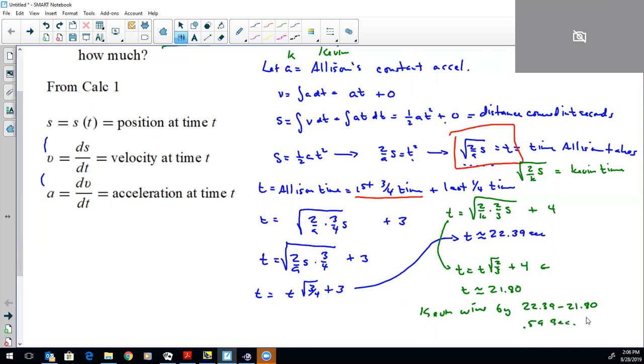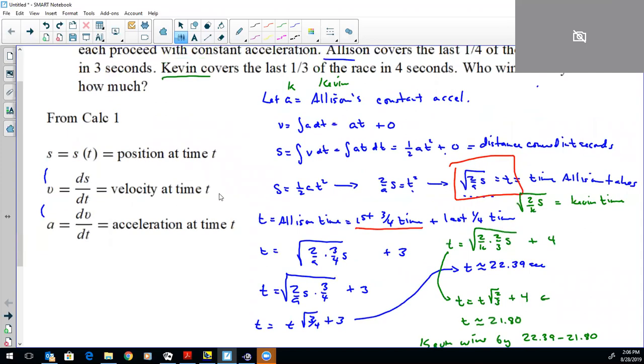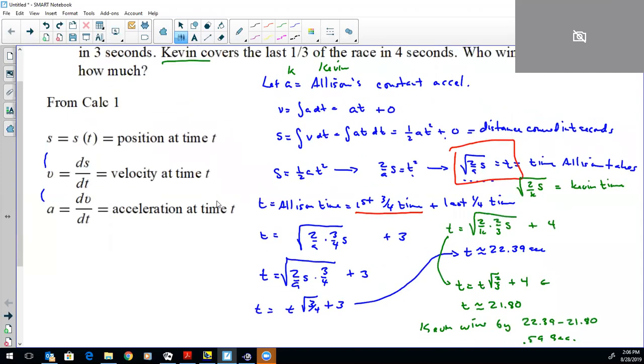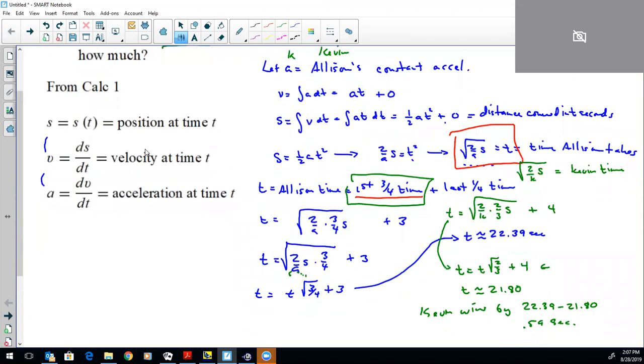So it really isn't that hard of a problem. The key step is when you write this expression and recognize that it is something times the full time there. Okay, so I hope that helps.